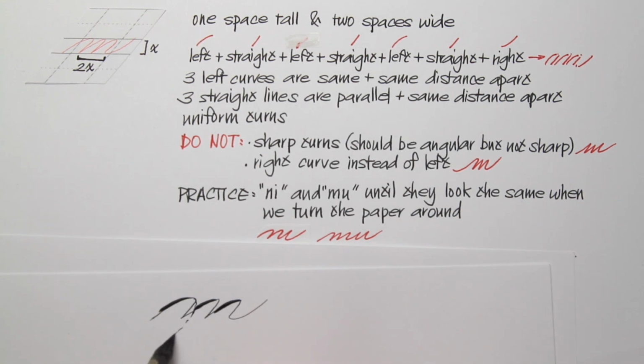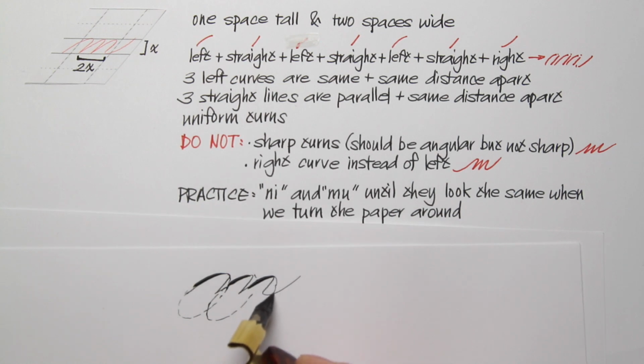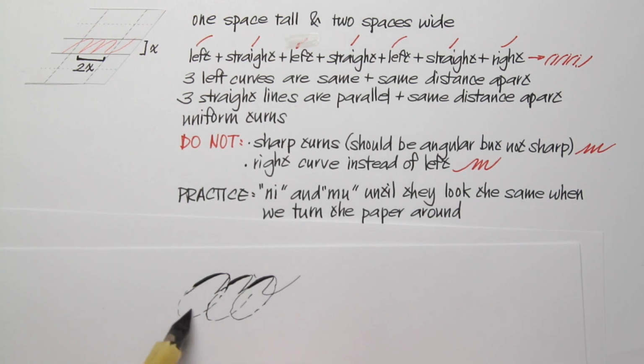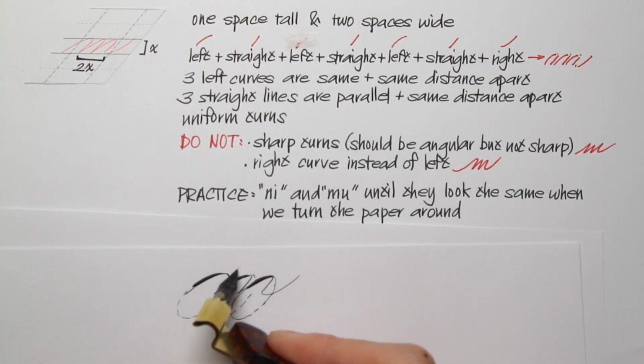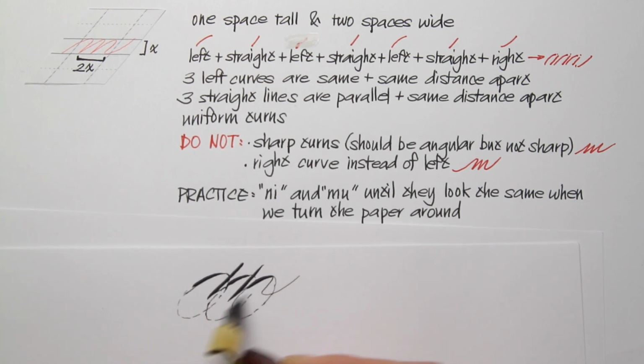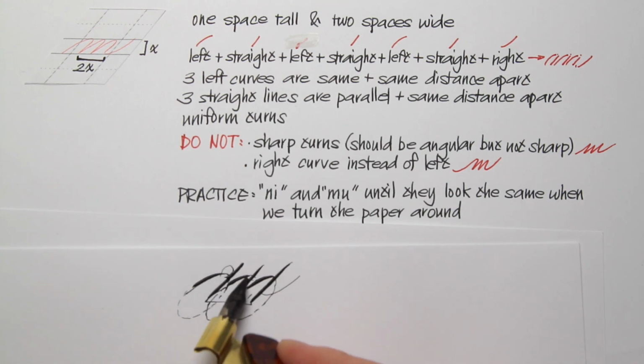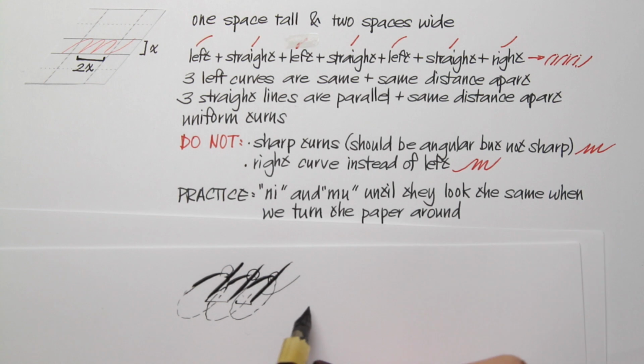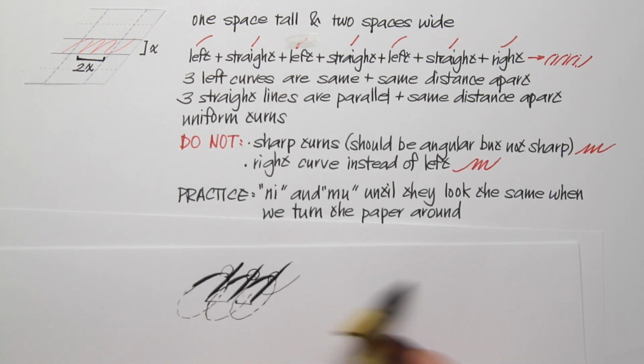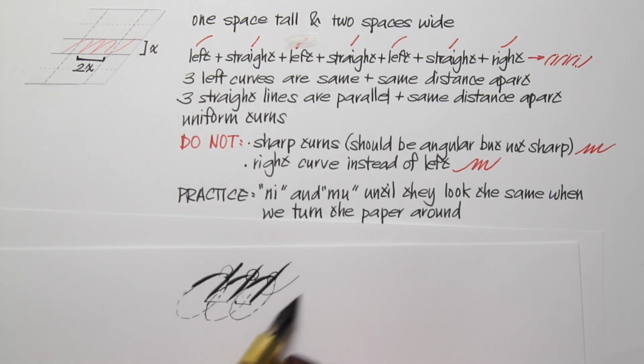So if you completed these potential ovals here, they would align up. The three straight lines should be parallel and the same distance apart. And you want your turns here to be uniform. Avoid, when you're trying to do the rhythmic movement of your pen in the continuous motion, having M's like so.